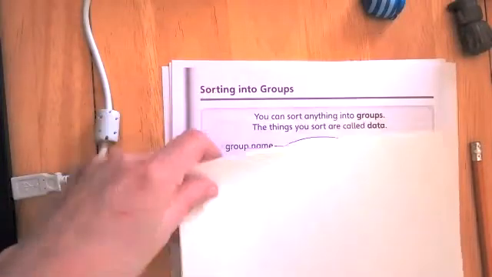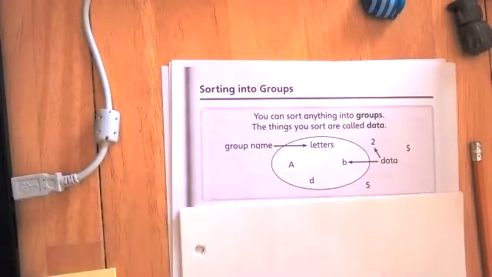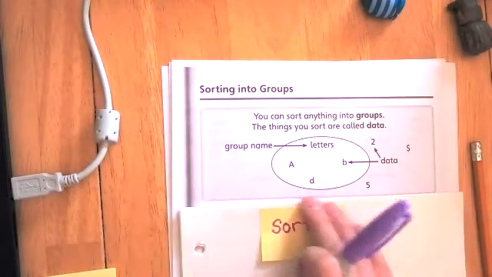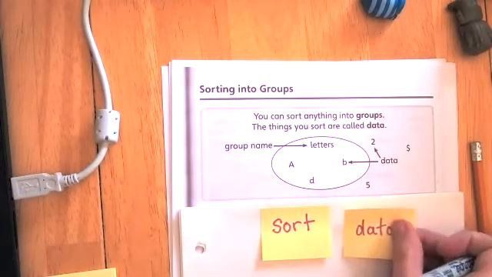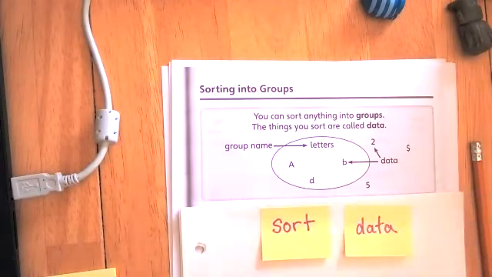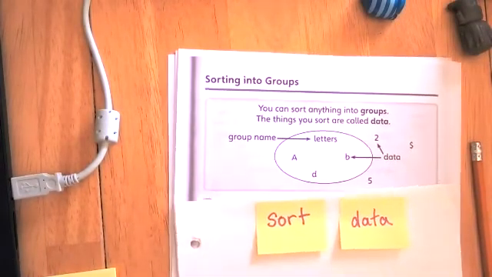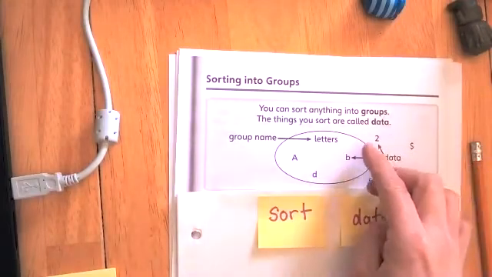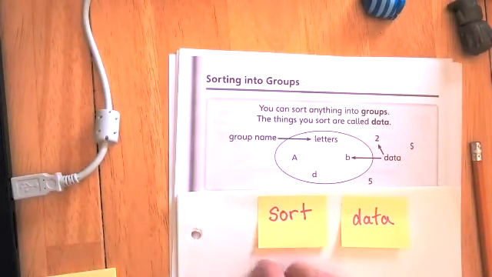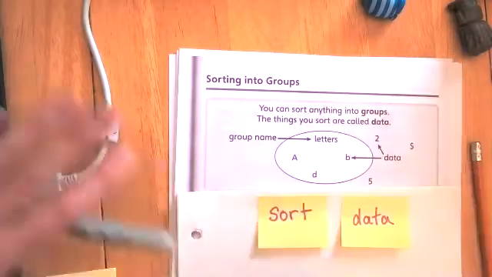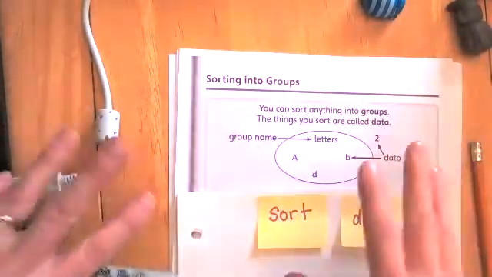So it talks first here about how you can sort anything into groups, and the things that you sort are called data. So we're basically talking about sorting and data. Sorting is just the action of putting things into groups and moving them around, depending on their characteristics, into different groups.